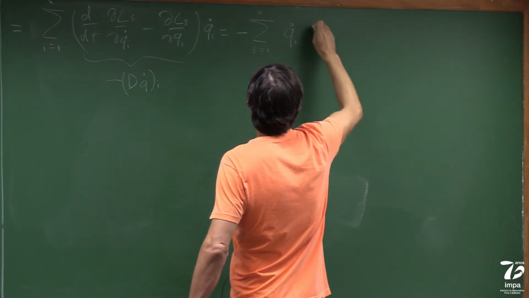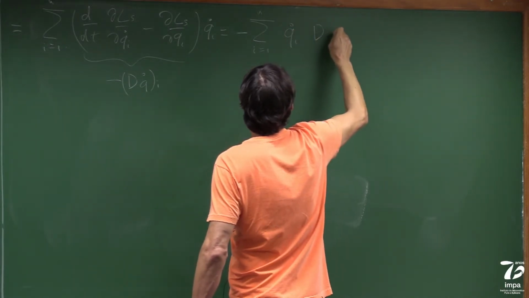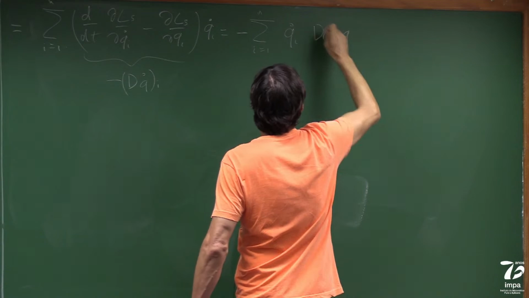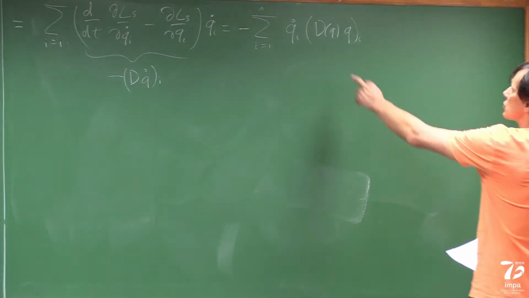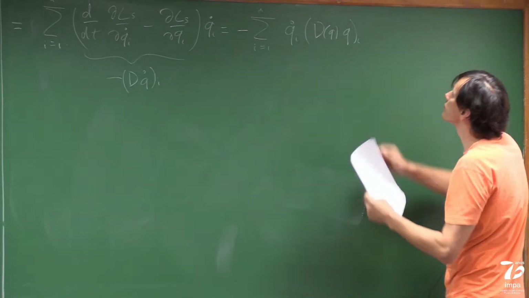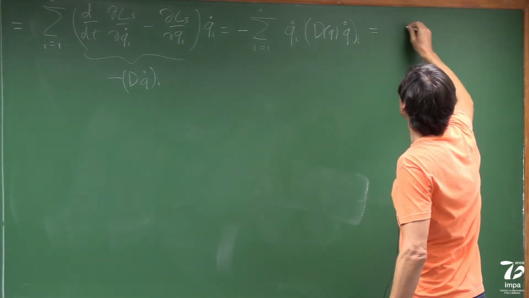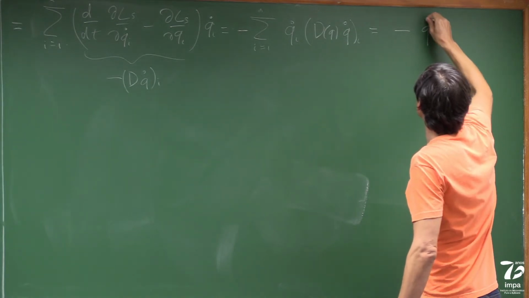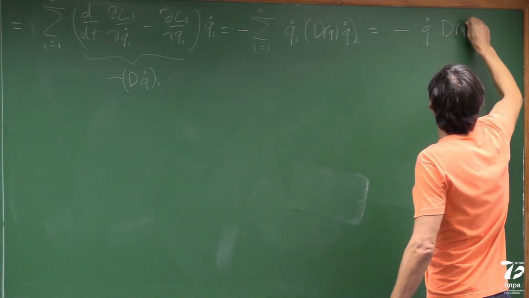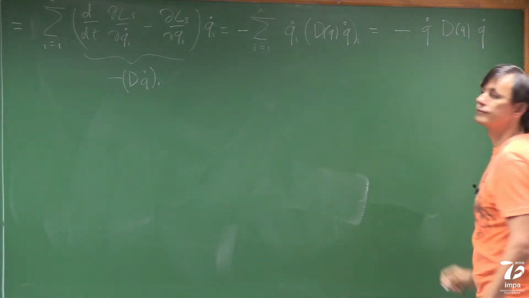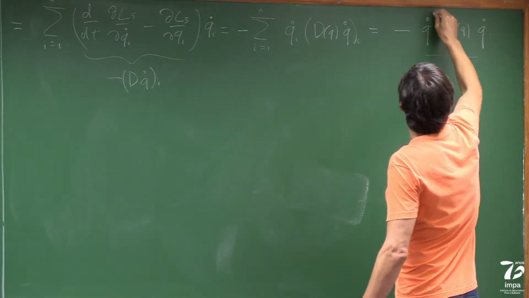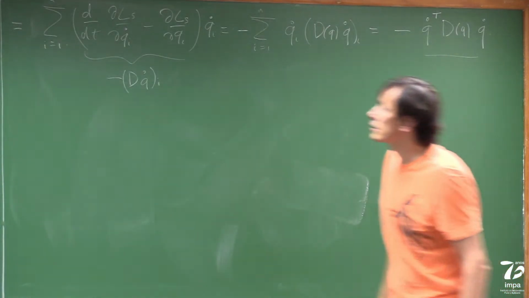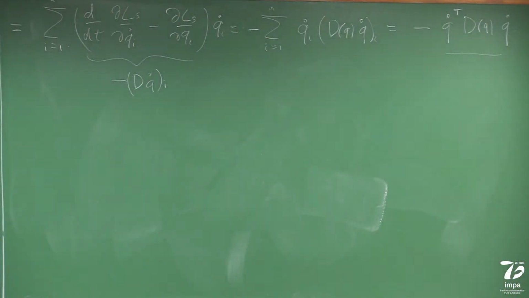I just put them in a different order. And this is just the scalar product of the two vectors, which you can write as minus q dot transpose D q dot. Okay, so that's exactly the expression, this is n transpose. So that's exactly that expression that we considered before.